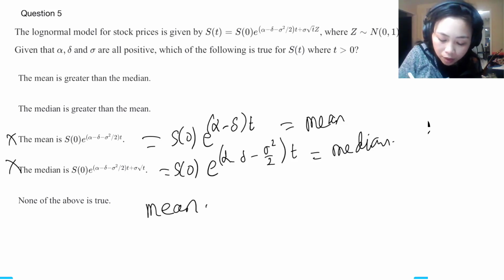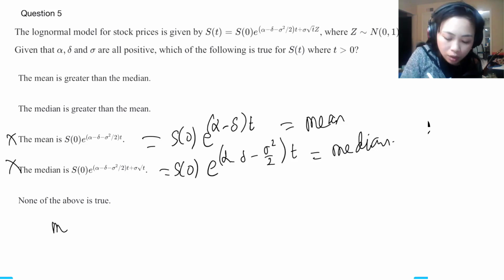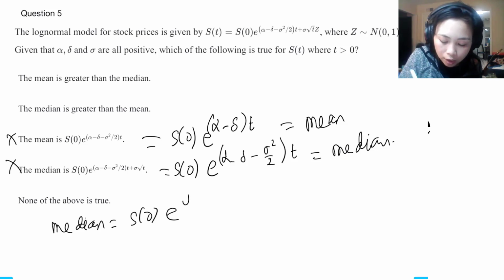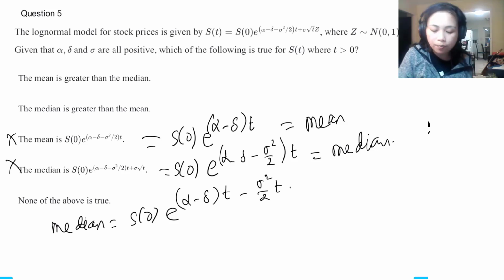It should be equal to S of 0 e to the alpha minus delta times t, times e to the minus sigma square half t.